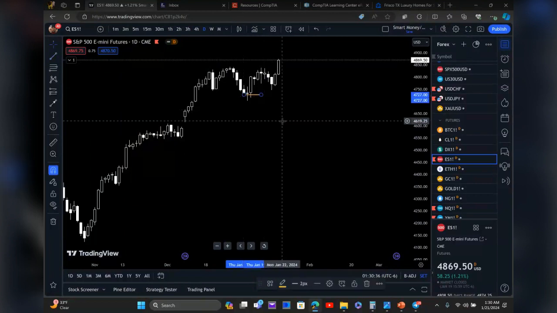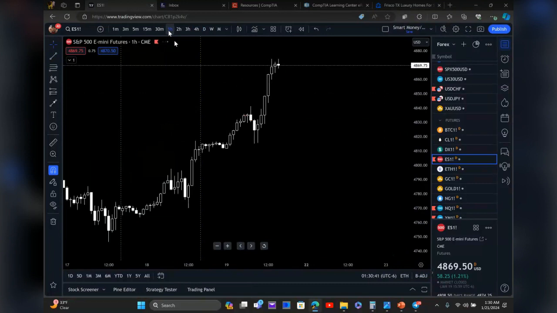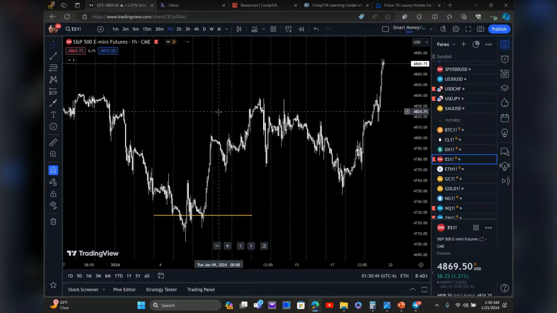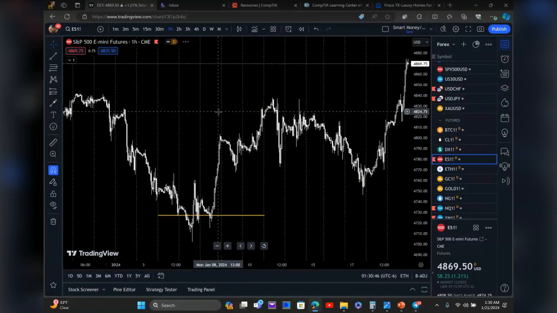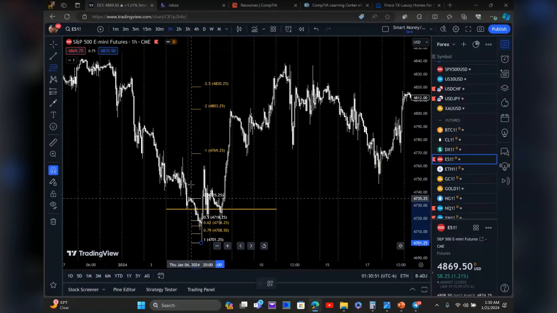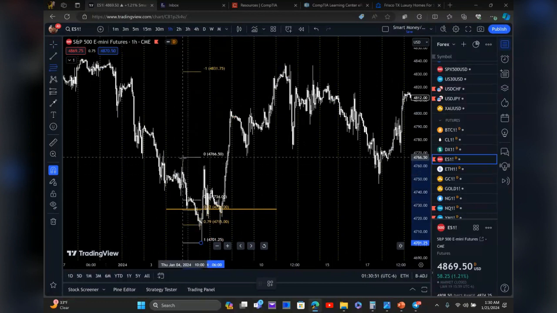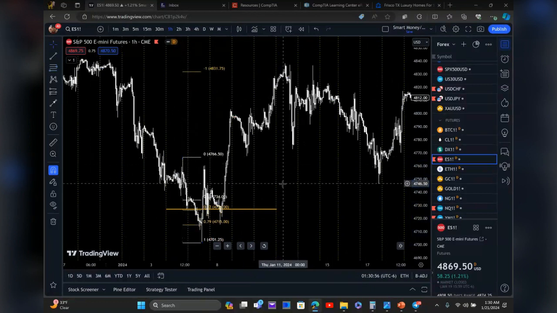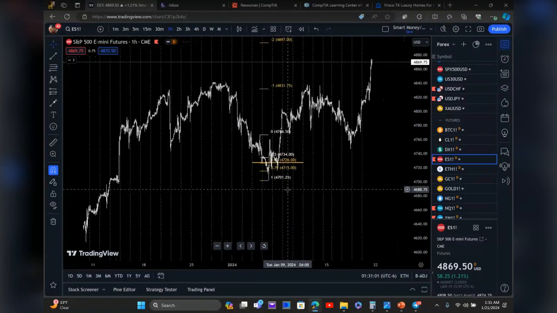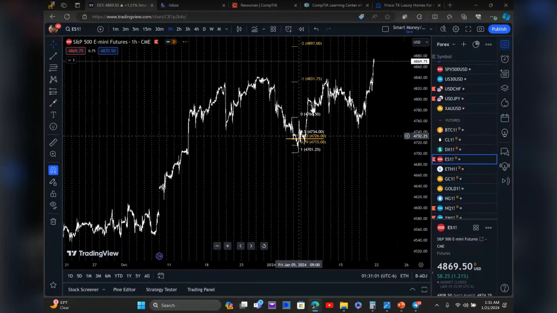So we had liquidity taken out right there on the hour. Okay. Then we had, boom, from here. There. Let's use this one. All right. So now look what happened.